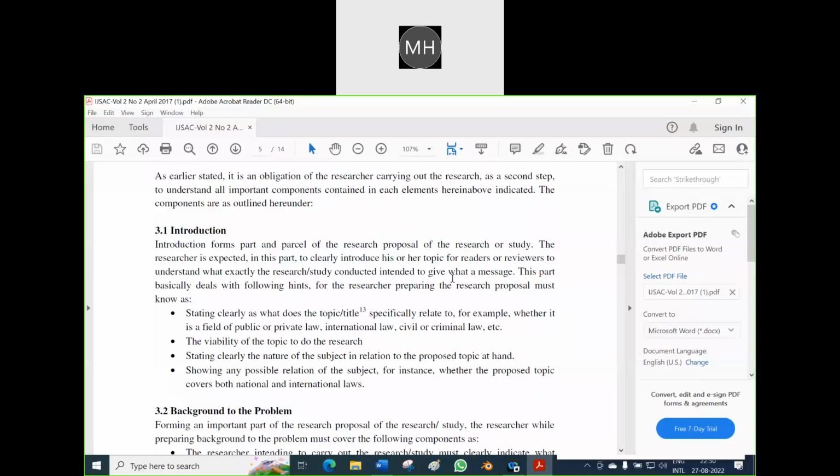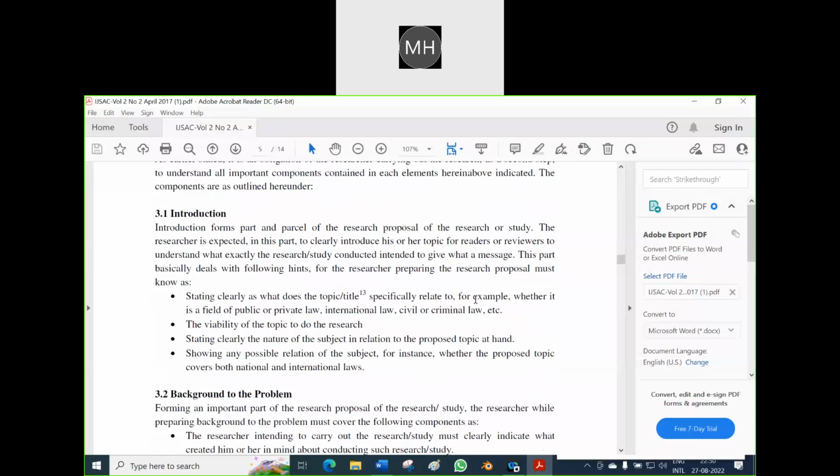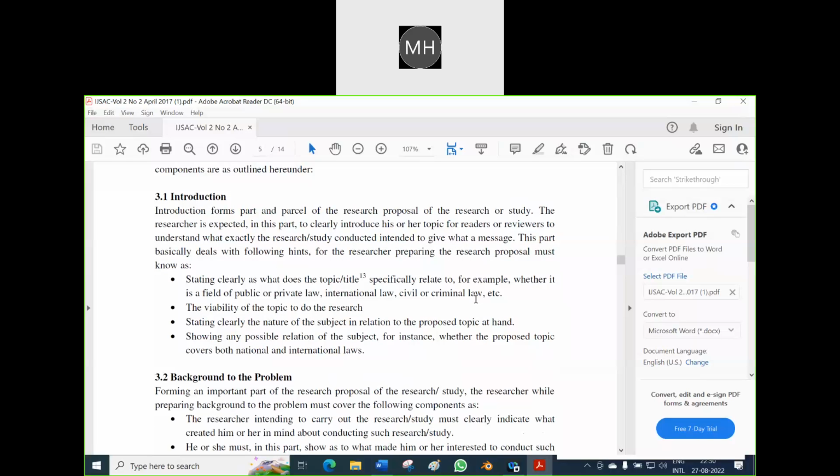The researcher is expected in this part to clearly introduce his or her topic for readers or reviewers to understand what exactly the research study is intended to convey. This part basically deals with the following hints. The researcher preparing the research proposal must know, as number 1, the first bullet, which is clearly mentioned.